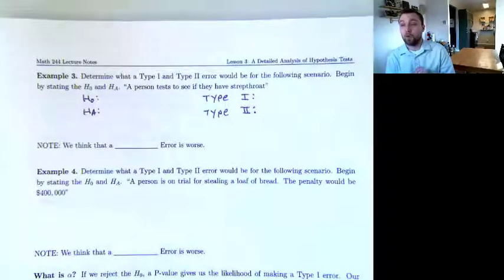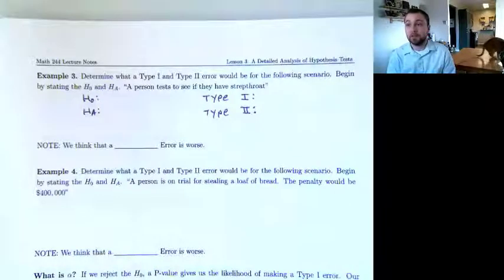No change, null hypothesis. The alternative hypothesis is typically what happens if something has changed in the scenario. I'd like you to pause the video and give this a go and see if you can determine what the null and alternative should look like, as well as a type 1 error where the first thing is true and a mistake has been made, and a type 2 error, the second thing is true and a mistake has been made. I'll give you a second to do so.